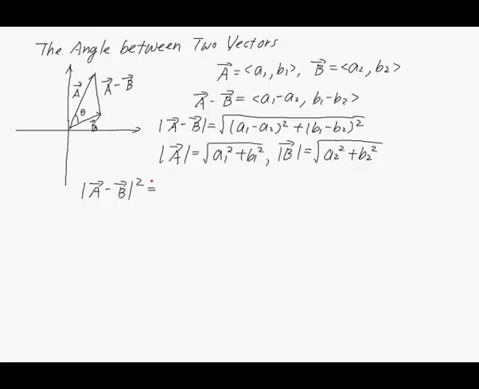So you have the square of the magnitude of a minus b equal to the square of the magnitude of a plus the square of the magnitude of b minus 2 times the magnitude of a times the magnitude of b times cosine theta.